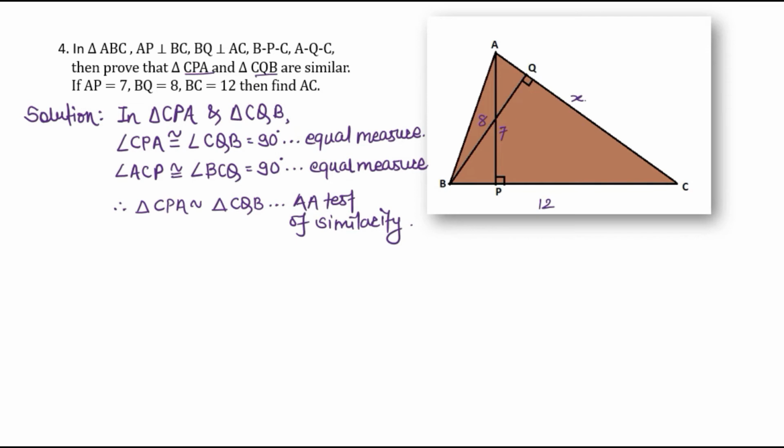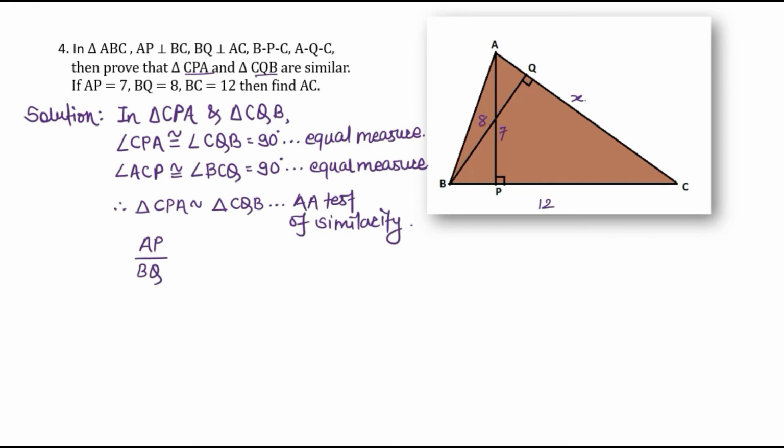Now we have to find AC. How to find? As these two triangles are similar, we can take ratio of their corresponding sides. So we have BC is equal to 12 and AP is equal to 7, BQ is equal to 8. So how to take ratio? If I take AP upon BQ, why am I selecting BQ?